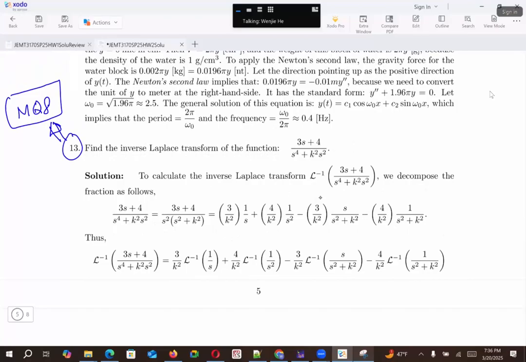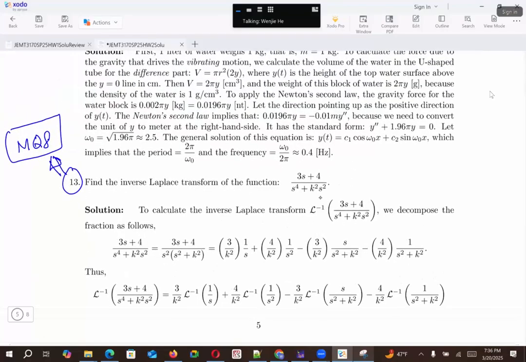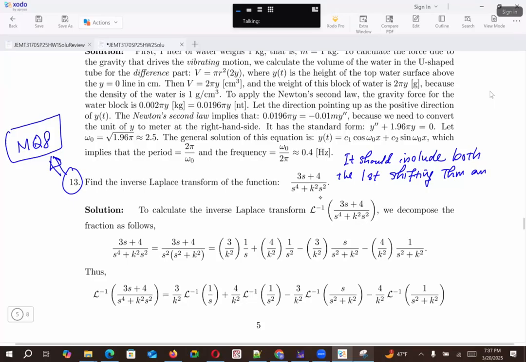The one that I plan to give you should include both the first shifting theorem and the second shifting theorem.